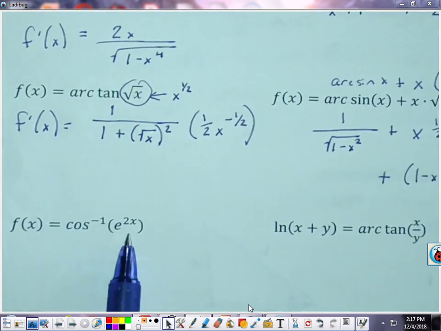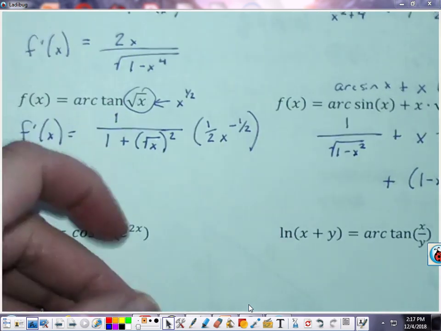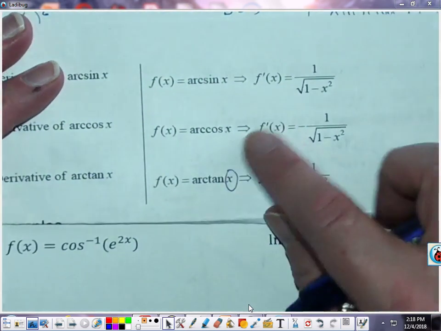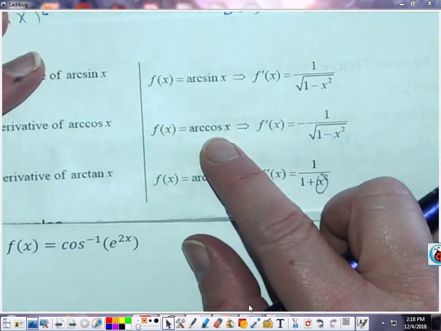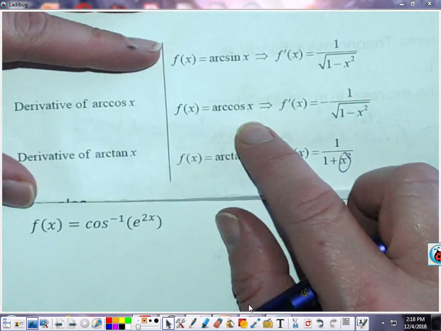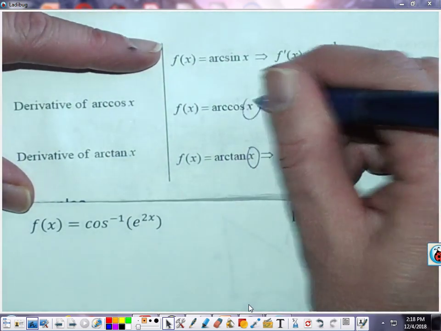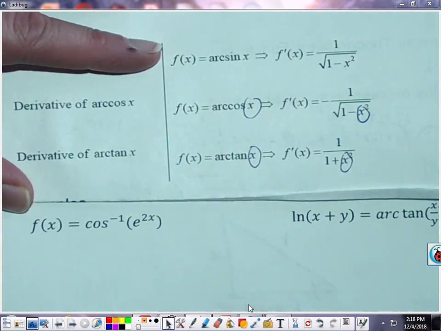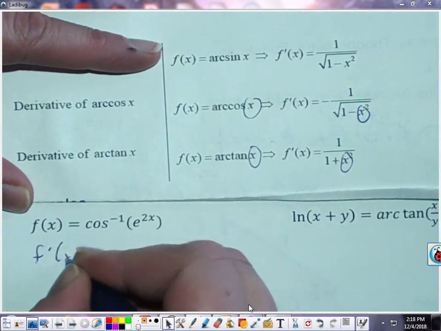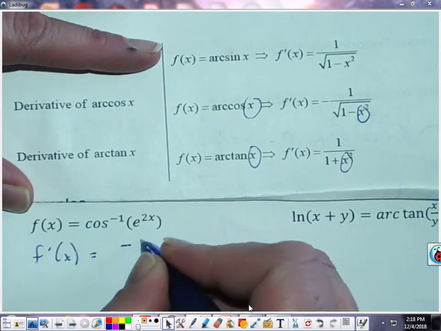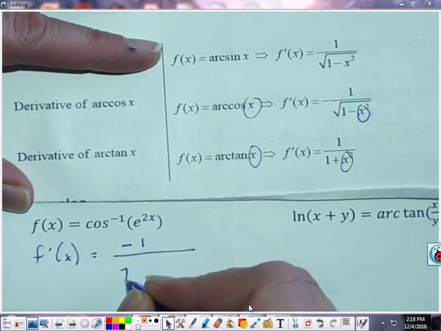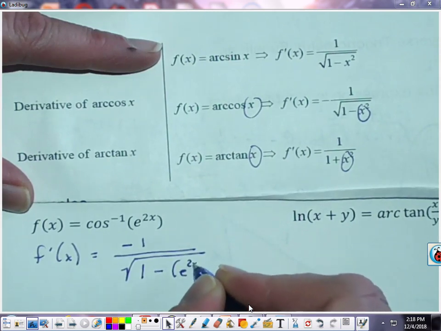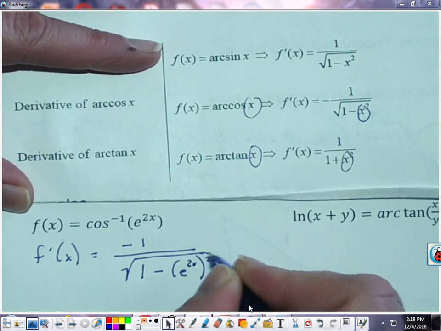Cosine inverse of e to the 2x. So I'll get my formulas ready. Okay. So this is the same as arc cosine. You're just putting e to the 2x in instead of the x. And then you have to do times the derivative of e to the 2x. So f prime of x would be negative 1 over square root of 1 minus e to the 2x squared.